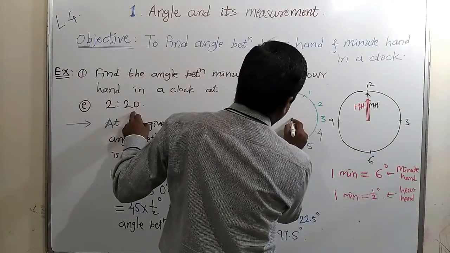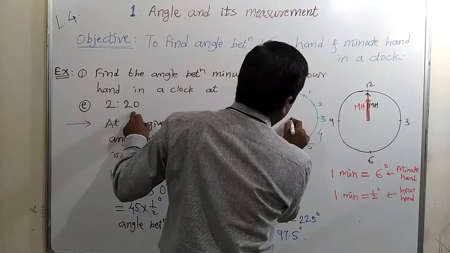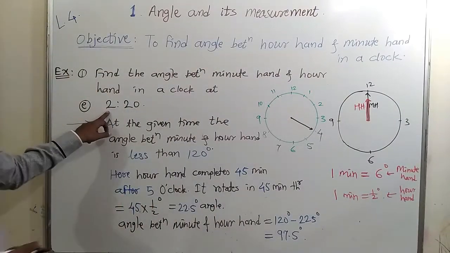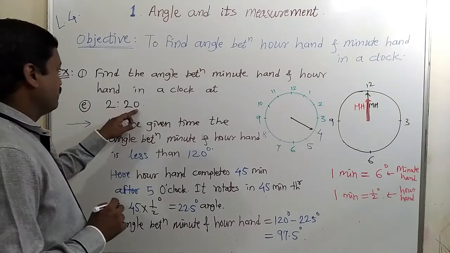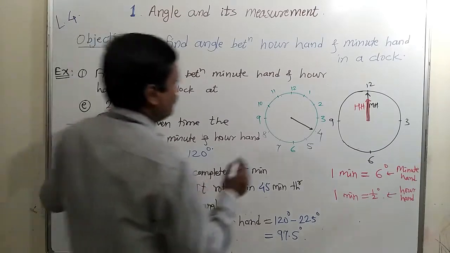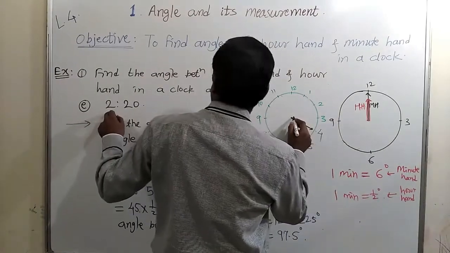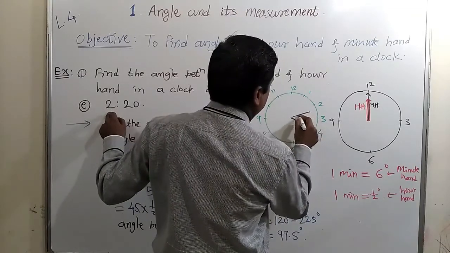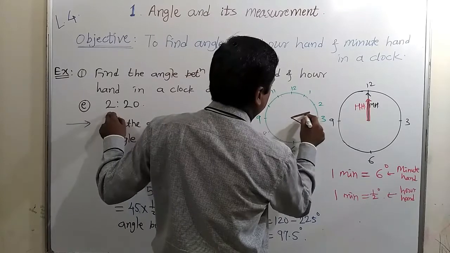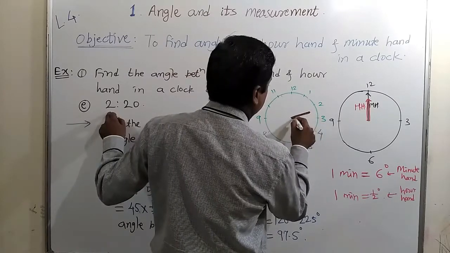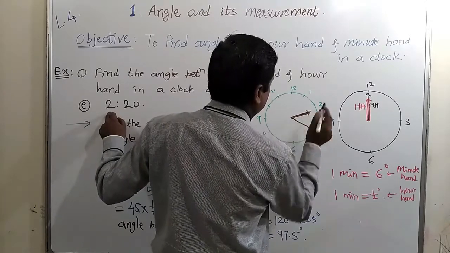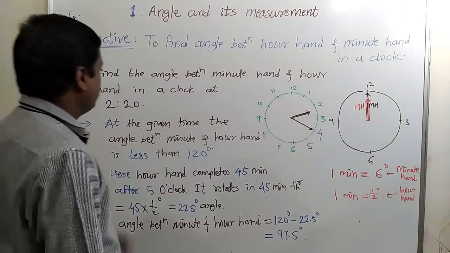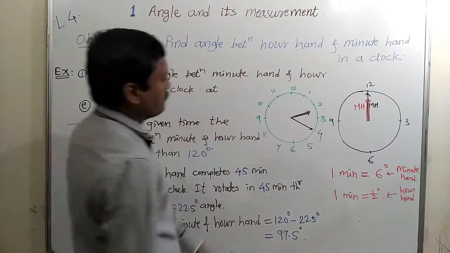In 20 minutes, minute hand will reach up to 4. So this is minute hand, and this is past 20. So hour hand will be between 2 and 3. So this is the position at time 2:20.